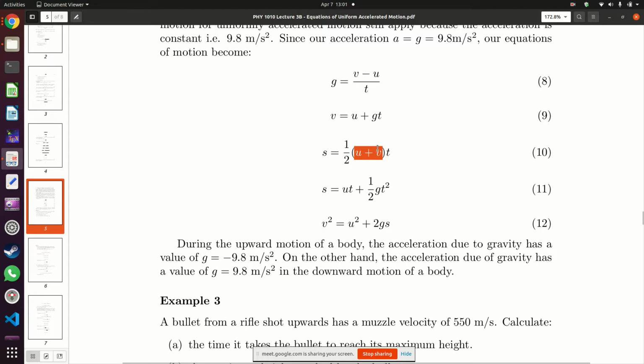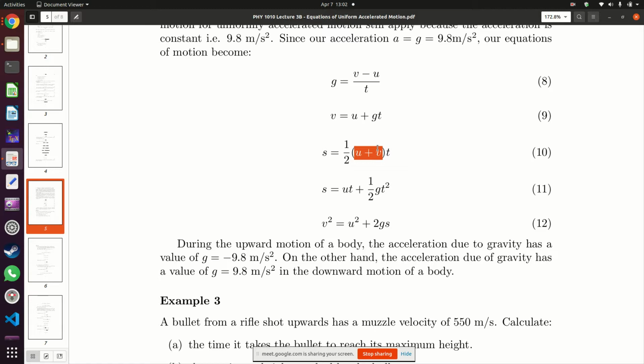I can try to do a quick calculation on my phone and confirm if the result is the same. So initial is 550, then final is 0, then you divide by 2. So yes, that gives us the average velocity of 275 meters per second.